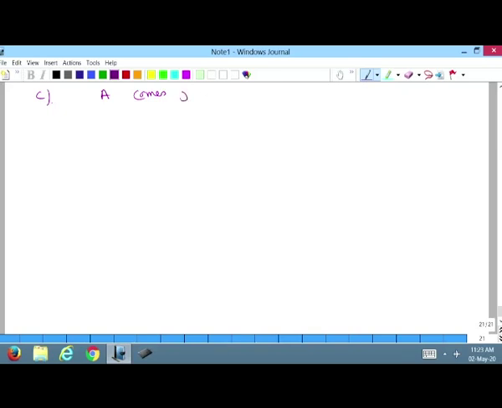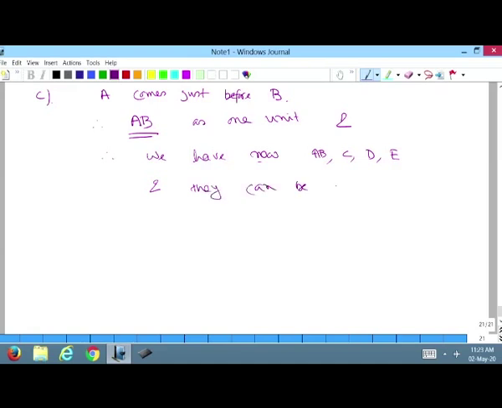A comes just before B. Therefore, what we can do, we can keep AB as 1 unit, and therefore, we have now AB, C, D, E, and they can be arranged in factorial 4, which is equal to 24 ways.